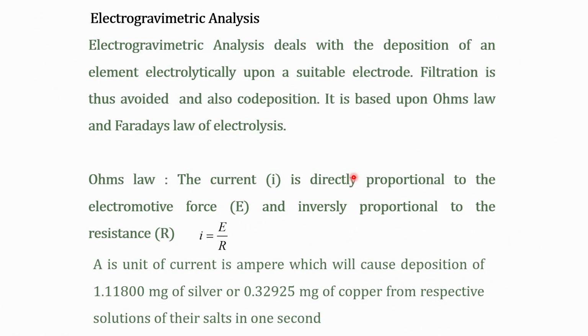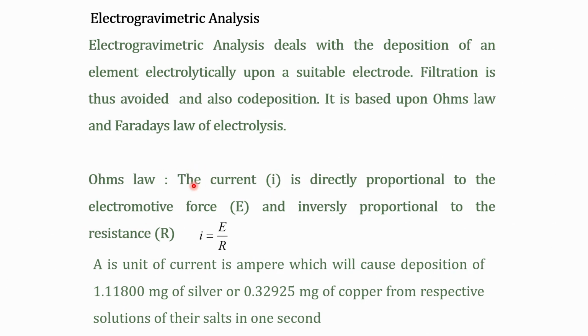It is, therefore, that electrogravimetric analysis is based upon Ohm's law and Faraday's laws of electrolysis. So, what is Ohm's law and what are Faraday's laws of electrolysis? We will try to understand now.